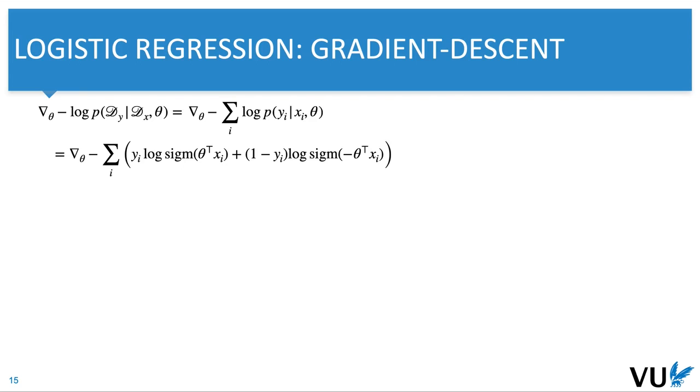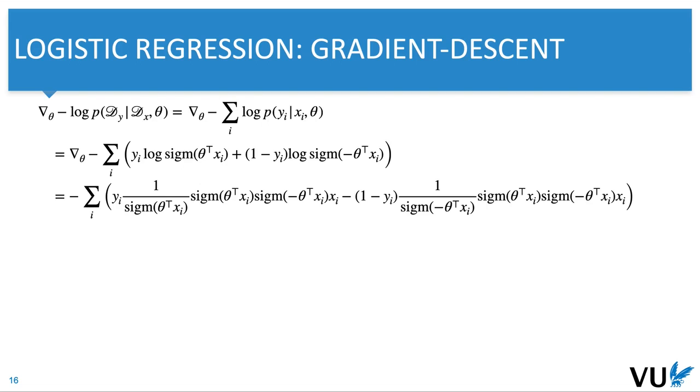However, we use the property that 1 minus sigmoid is equal to sigmoid of the negative argument for simplicity. Then we go with the gradient inside, because the gradient of a sum is the sum of gradients. And we calculate gradients using the rules that we saw in previous slides.